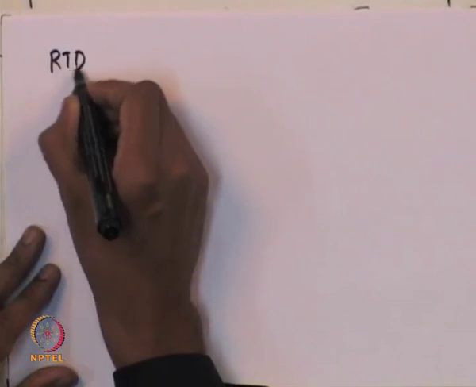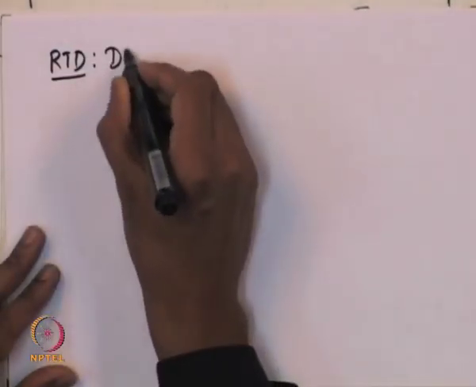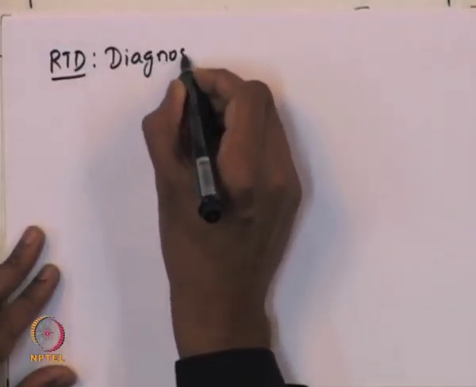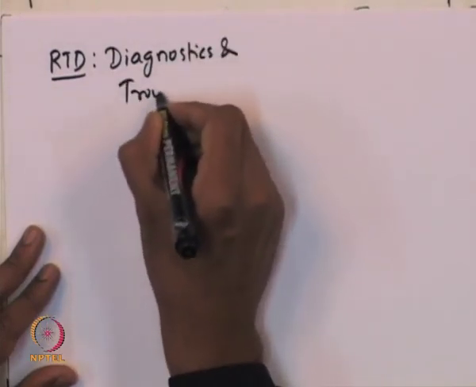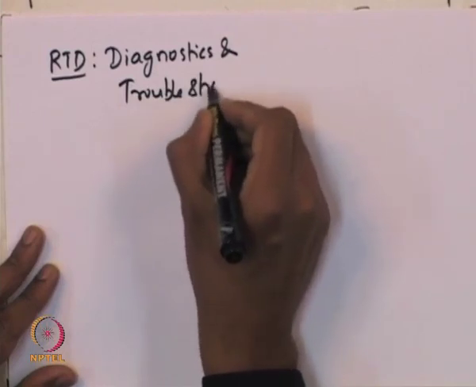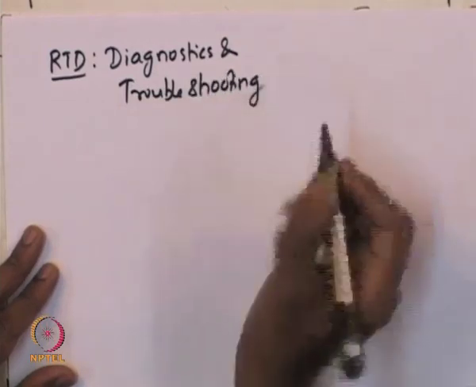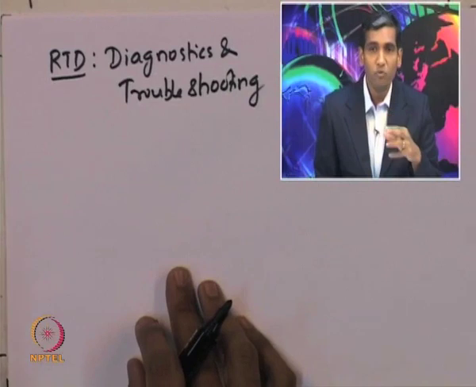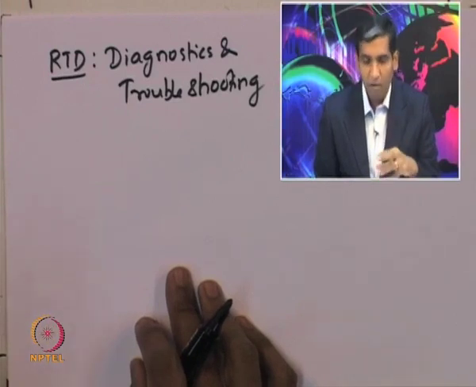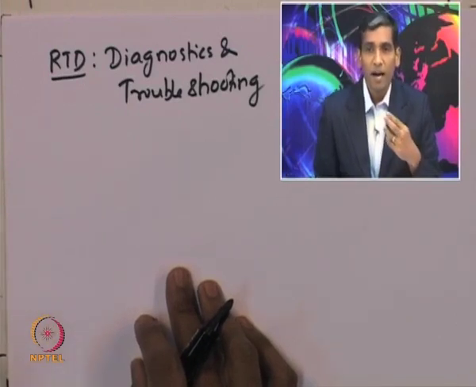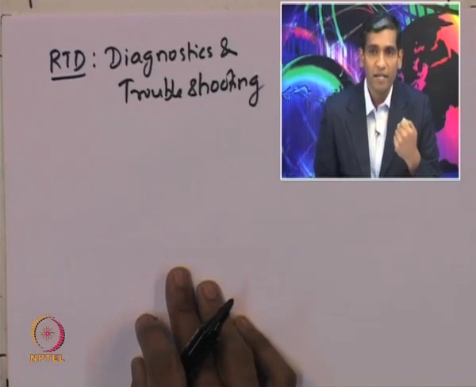So, that brings us to the next topic, where we want to see how to use RTD function for diagnostics and troubleshooting. RTD functions can be used for diagnosis of certain properties or aspects of the reactor, and also to troubleshoot if something undesirable is happening inside the reactor.